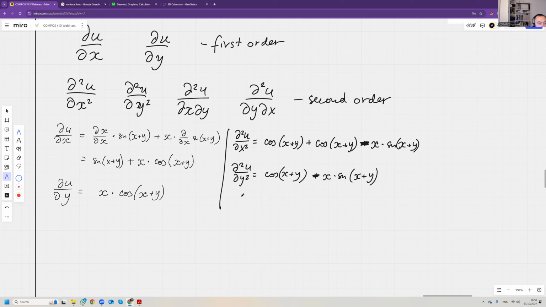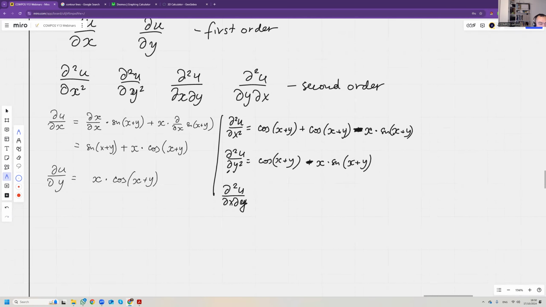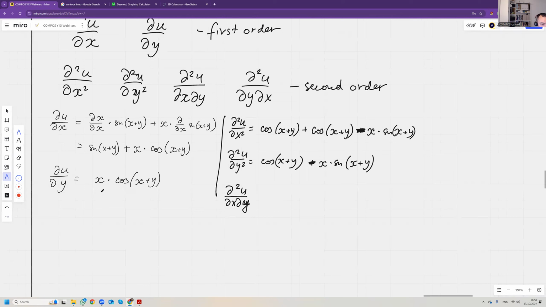Okay. And then d squared u dx dy. So we differentiate the y with respect to x. So this is dx of du dy. So we differentiate with respect to x this expression, x multiplied by cos x plus y, and that is going to be, did I go wrong somewhere?